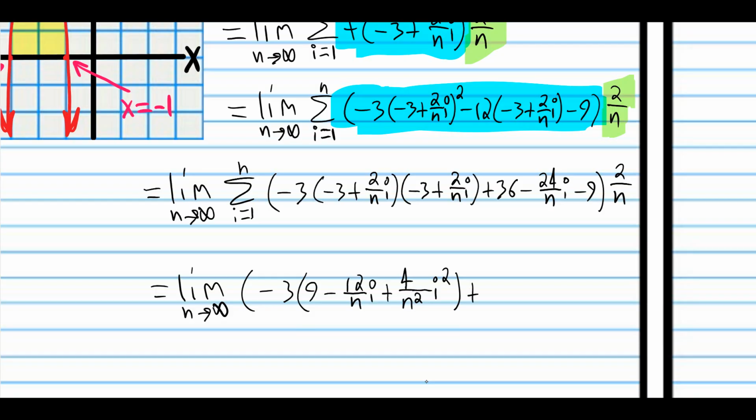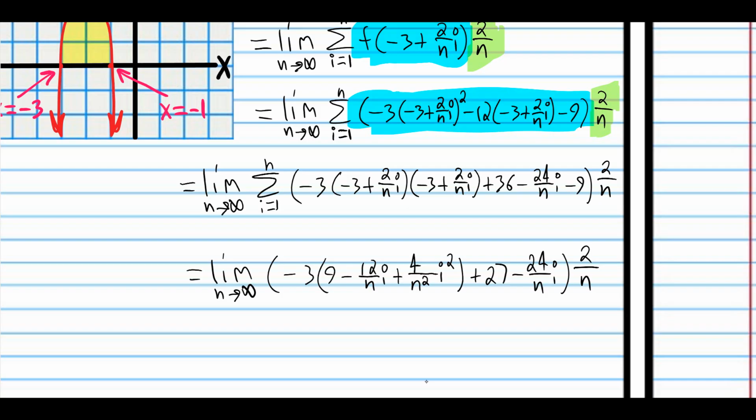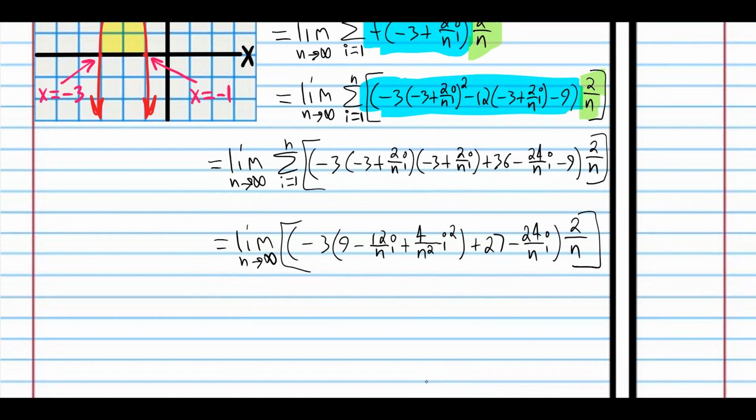Everything looks correct. So 36 minus 9, looks like that's going to be 27. And still all of this is multiplied by 2 over n. And we can use brackets if you want to. Probably best.